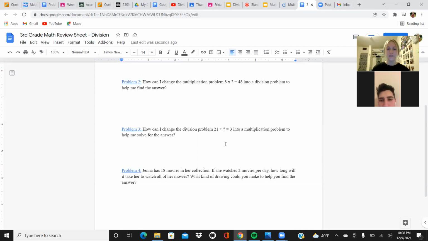Okay, so we are starting with a multiplication. And one way that we can solve for an unknown number is to turn it into a division problem. So how might we start to change the problem 8 times blank equals 48 into a division problem?